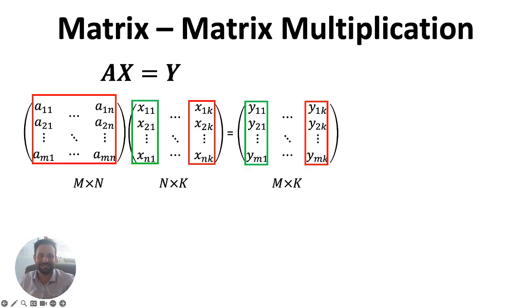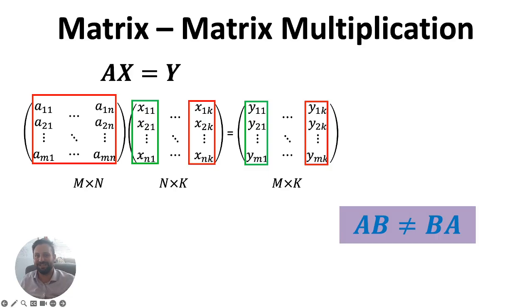You might think that A times B, I shouldn't call it times, AB should be BA, but I must warn you that AB is not equal to BA.